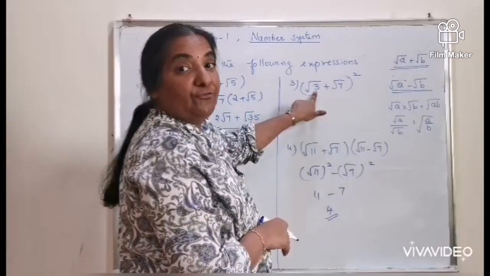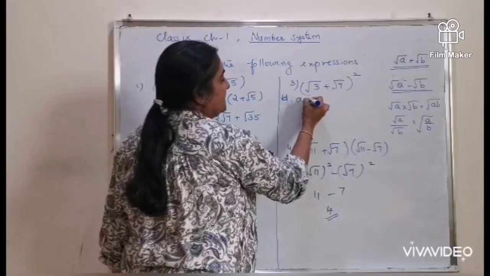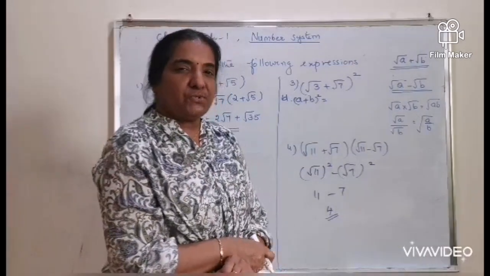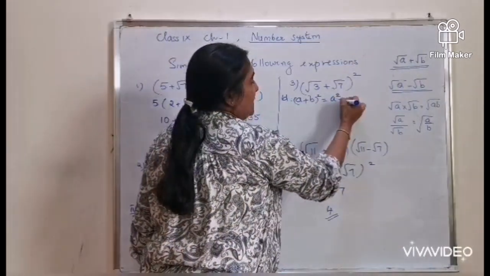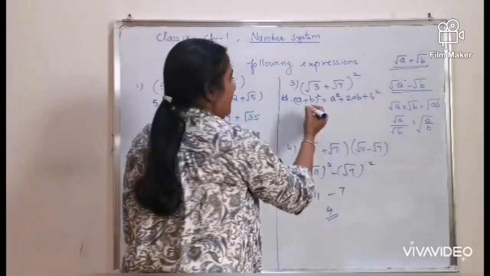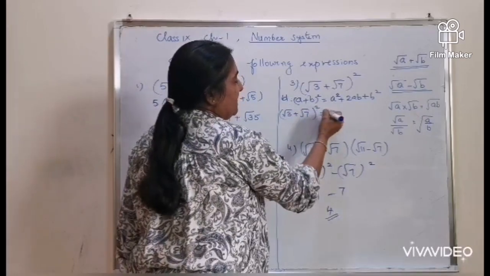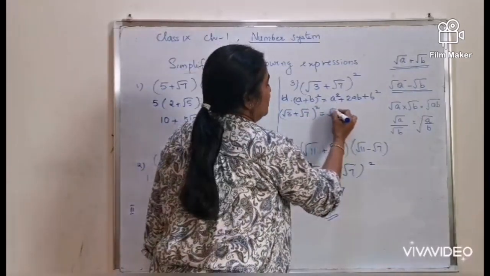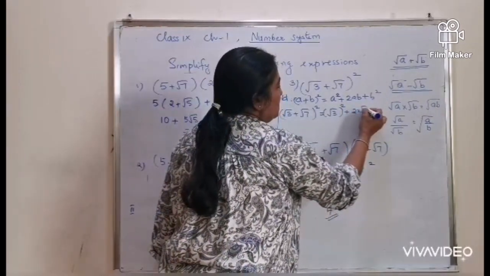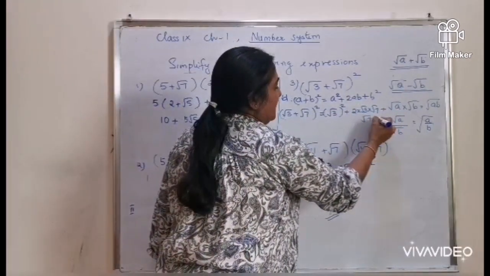This is of the form a plus b the whole square. What is the identity for a plus b the whole square? Identity a plus b the whole square is a square plus 2ab plus b square. Thus, you can expand root 3 plus root 7 the whole square as root 3 the whole square plus 2 into root 3 into root 7 plus root 7 the whole square.